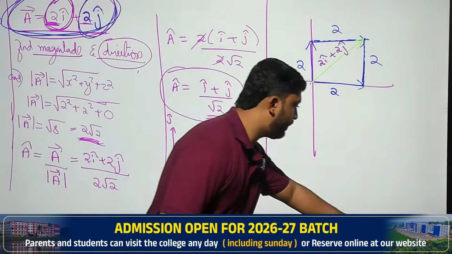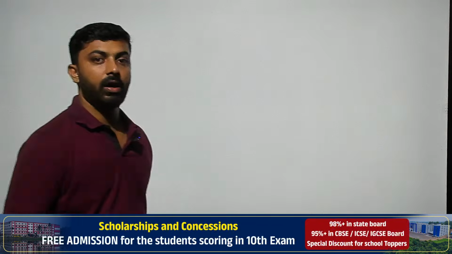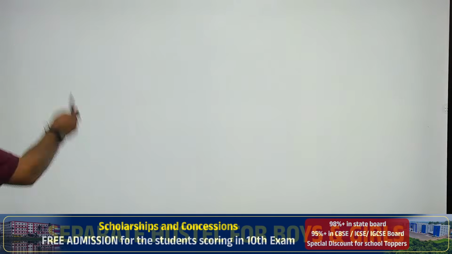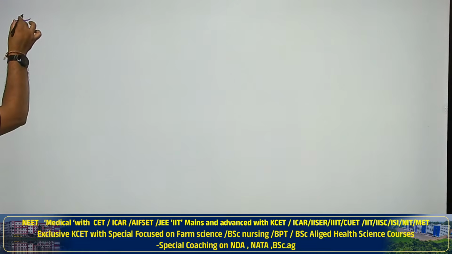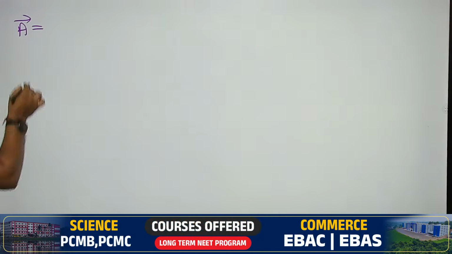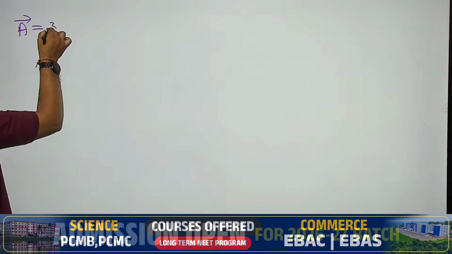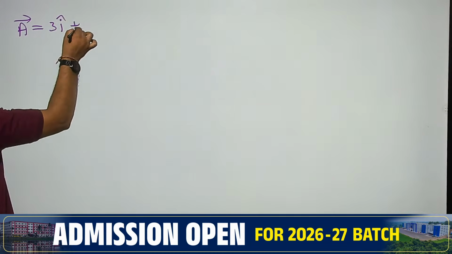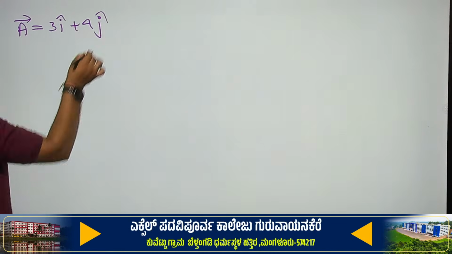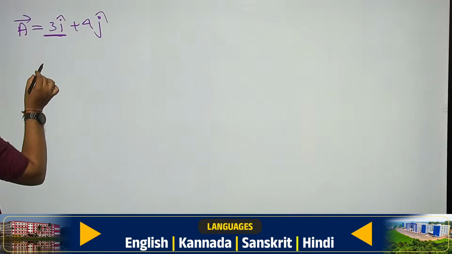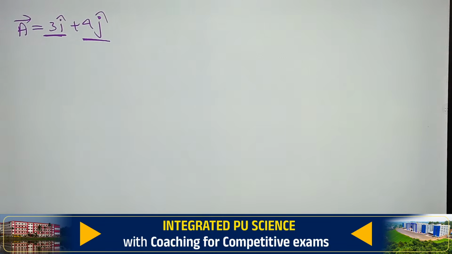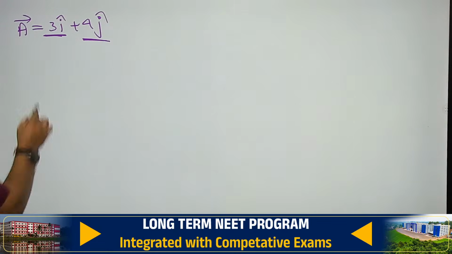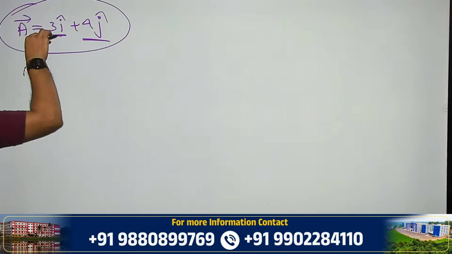We shall draw one more. For example, a vector is represented mathematically as 3i cap plus 4j cap. You know, 3i cap is in the x-axis, and 4j is in the y-axis. But in which direction is 3i plus 4j?